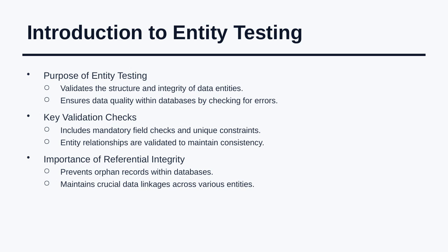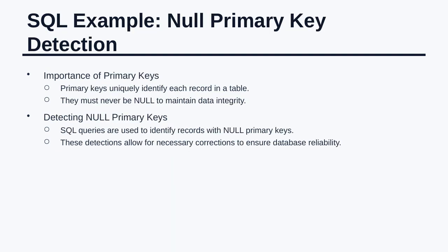One critical aspect here is referential integrity, which ensures that every linked record has a corresponding counterpart, preventing orphan records that could cause confusion or inaccurate reporting. By validating these elements, entity testing helps maintain high data quality, which is essential for reliable analysis and decision-making. Next, we'll explore how these principles are applied in practical ETL testing scenarios.